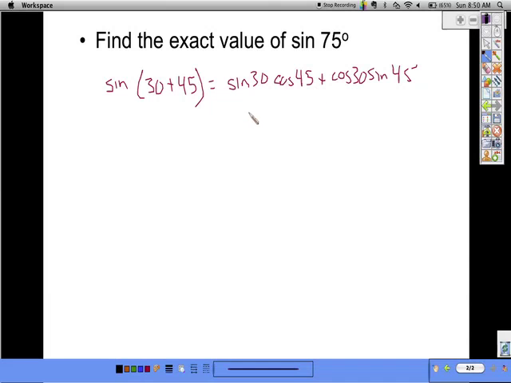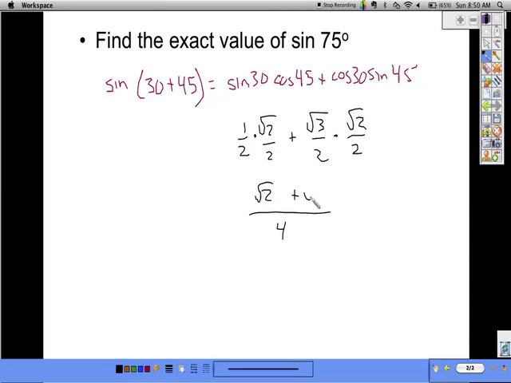The sine of 30 is 1/2. Cosine of 45 is root 2 over 2. Cosine of 30 is root 3 over 2. And the sine of 45 is square root 2 over 2. Simplifying this, we get the square root of 2 plus the square root of 6 over 4. That is the exact value for sine of 75.